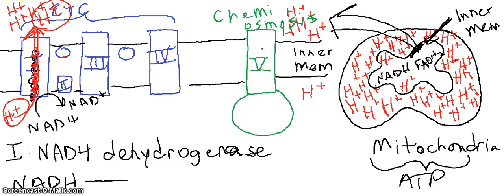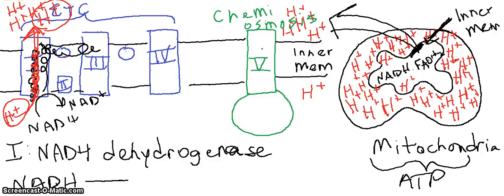Now that electron that was passed on to NADH dehydrogenase has more energy still inside of it to pass on. It's going to pass that energy on to this protein, which is then going to carry that energy now to this protein, protein 3. Protein 3 is also going to be a hydrogen ion pump.